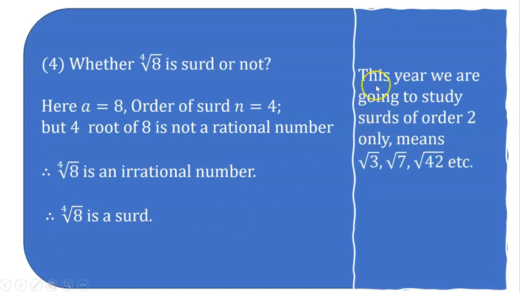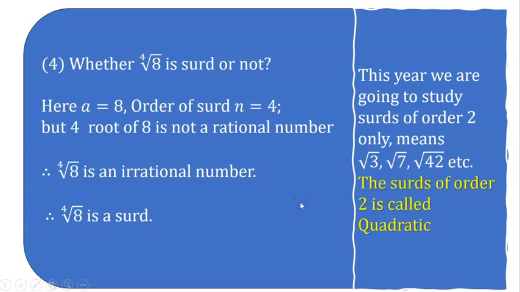This year we are going to study surds of order 2 only, means root 3, root 7, root of 42, etc. The surd of order 2 is called a quadratic surd.